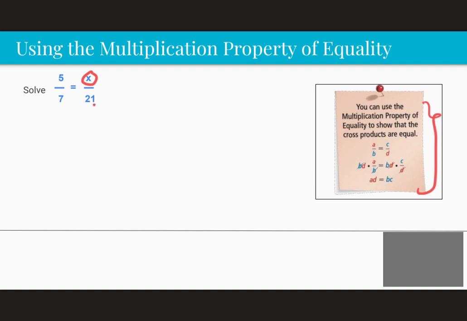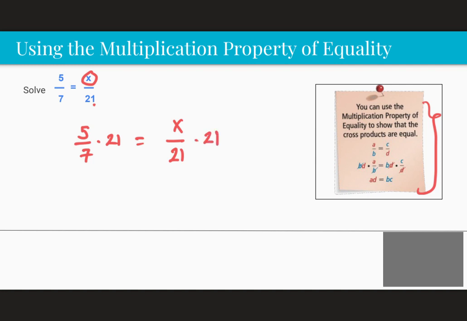So 5 over 7 times 21 is equal to x over 21 times 21.